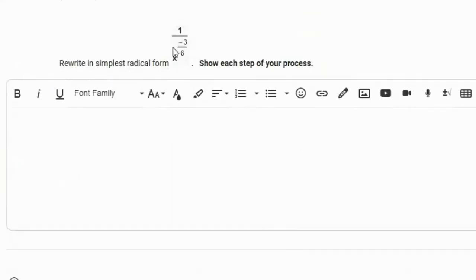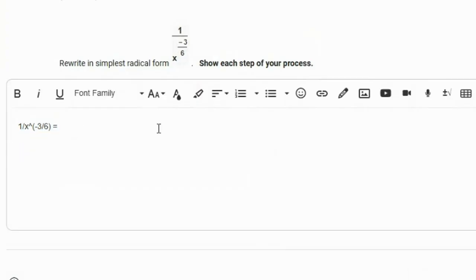Like, let's look at this one. If we typed this in, 1 over x to the power of negative 3/6 equals, that's not real clear to us exactly what that's saying.